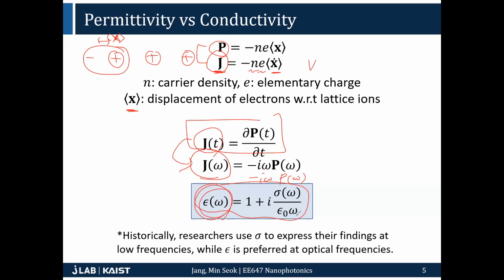What I want to say here is that if you go to high frequency, the permittivity and the conductivity are not completely different concepts, but can be described in a unified frame, which can be written like this. Conductivity is about the current flow, and the permittivity is about the polarization. But if you go to the AC case, they are connected.